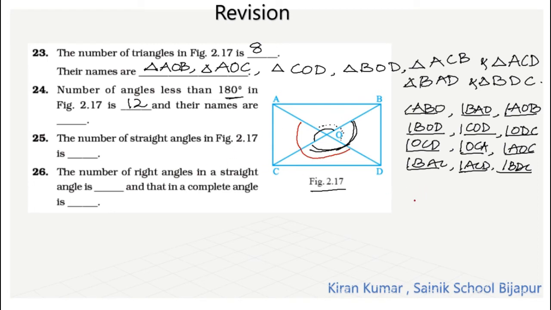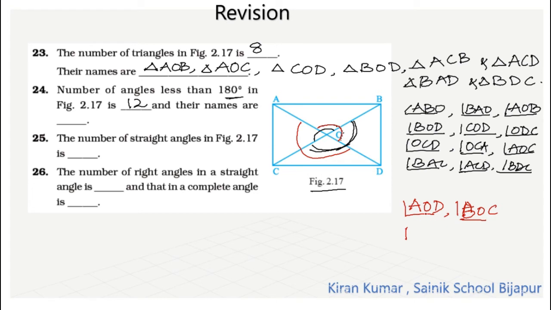If I name those angles, it's angle AOD, not AOD, angle BOC, angle, there are 2 angles which are having straight angle with respect to this and this.